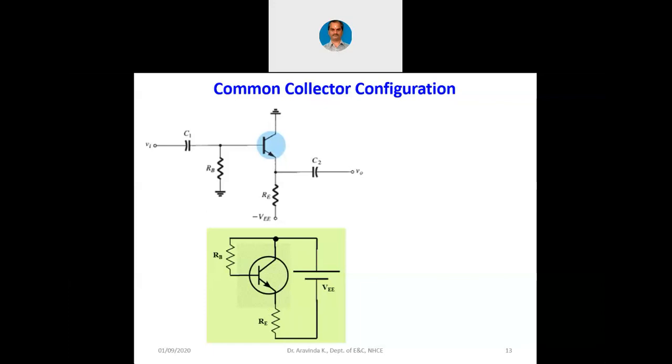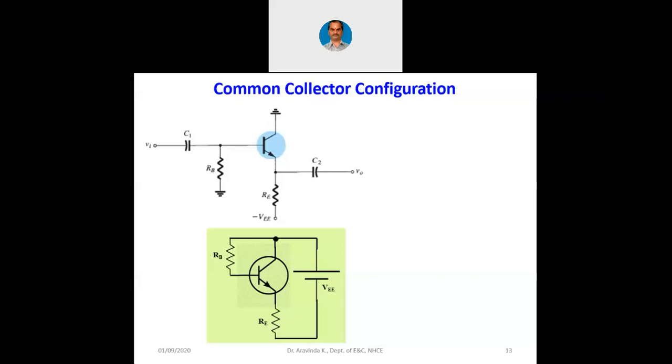If we want, we can again include RC, and if we want, we can convert the circuitry into voltage divider bias also. But that is not necessary as such, because we will not be using the other two configurations regularly in our designs.